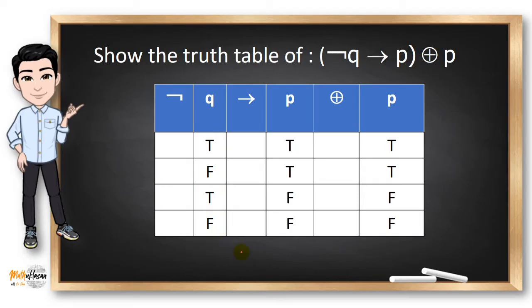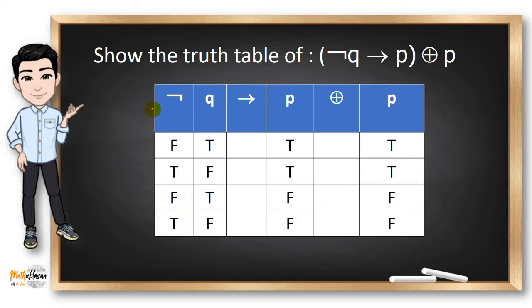As I mentioned, you can always interchange these patterns for P and Q. Since negation precedes implication or conditional, we start with negating Q. So the negation of true here is false. The negation of F here is true. Following the same rules, we'll have these values.